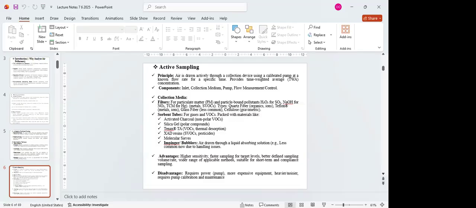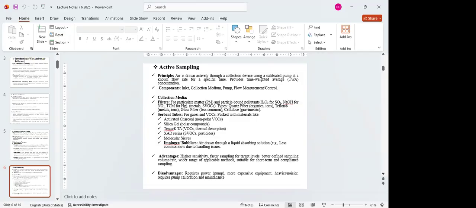Now, the advantages of this active sampling are, one, it has higher sensitivity, like mentioned before. It gives you real-time analysis of some of these things. It's faster in sampling of target levels, and it has a better defined sampling volume and rate.